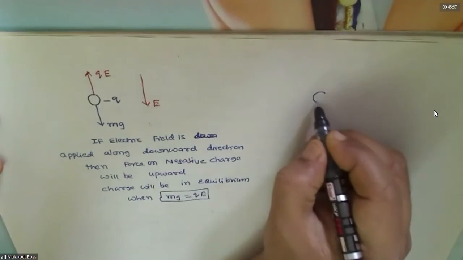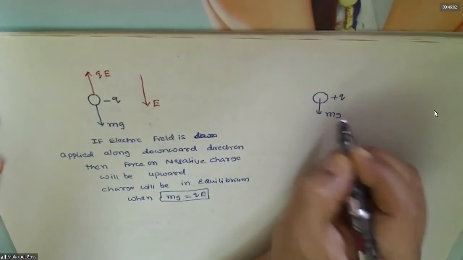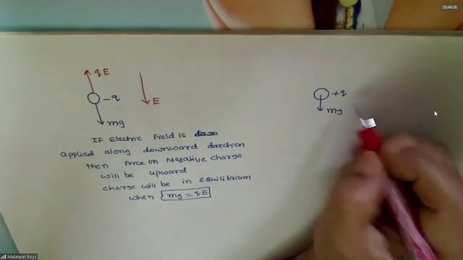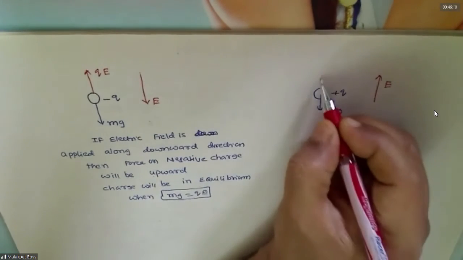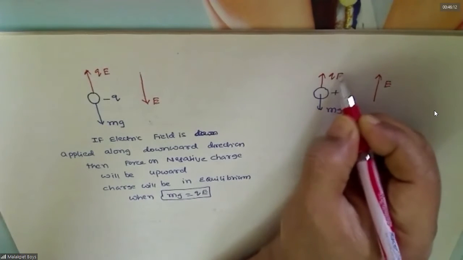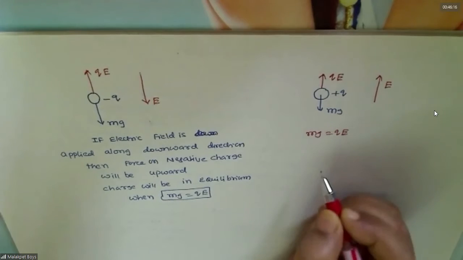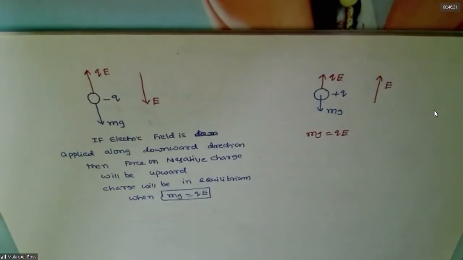Now suppose you have a positive charge. It falls like this. Now we need an upward force. Upward force means for this positive charge, the field should be in which direction? Upward direction, so the force acts upward and balances that. Understood this?